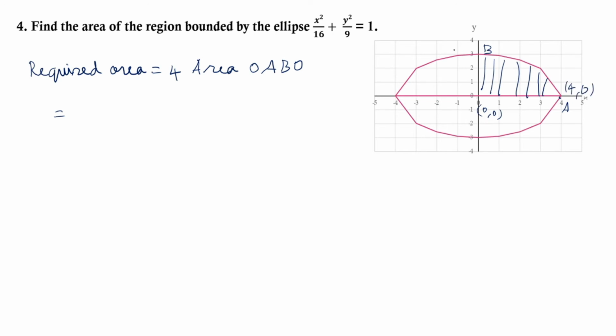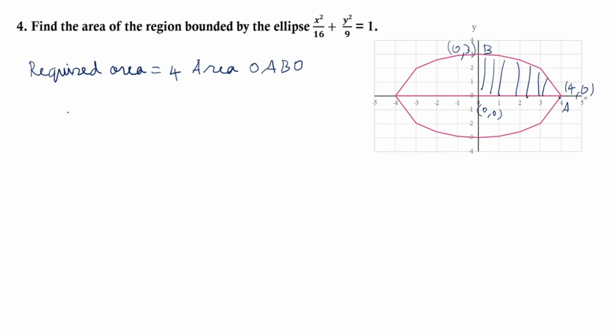This point is 0, 3. So the required area is integral 0 to 4 y curve into dx. That is, we have to write the equation of the given ellipse as y is equal to some function of x.